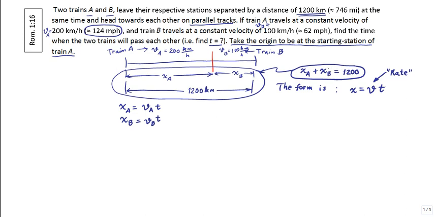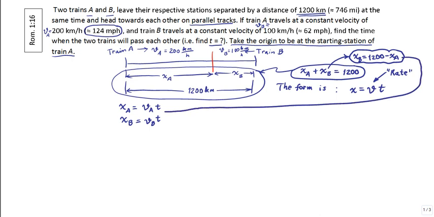From this equation, we know that x sub B is equal to 1200 less x sub A. And so if I were to put this value in here, the reason why I want to do that is to eliminate, see, as it stands, I have an x sub A, a v sub A, I have a time t, then I have an x sub B and a v sub B. So I have 1, 2, 3, 4, and I have 5 things that are going on here.